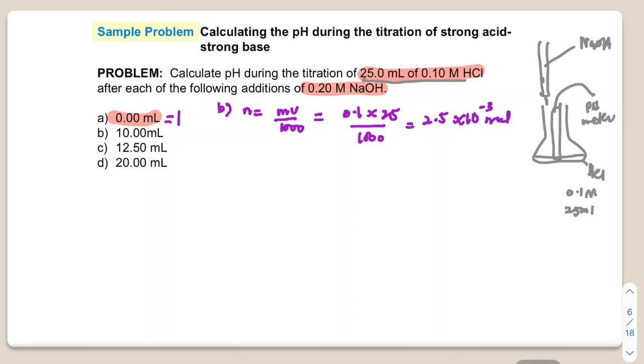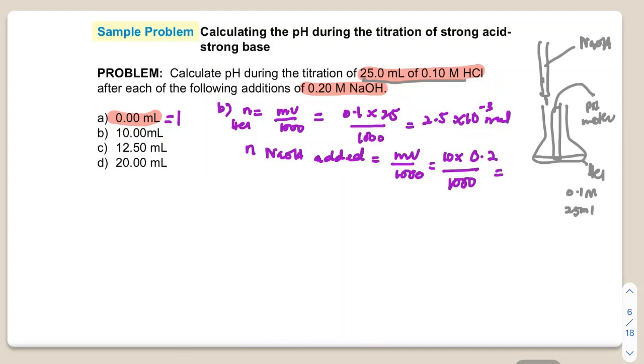And then the amount of the sodium hydroxide added is also mV over 1000, which is equal to 10 multiplied by 0.2 over 1000, equal to 2.0 times 10 negative 3 mole.